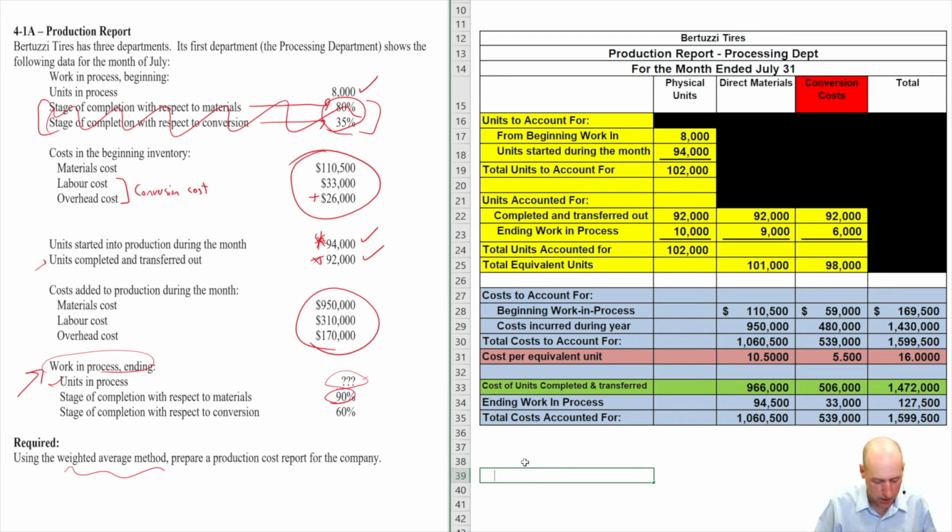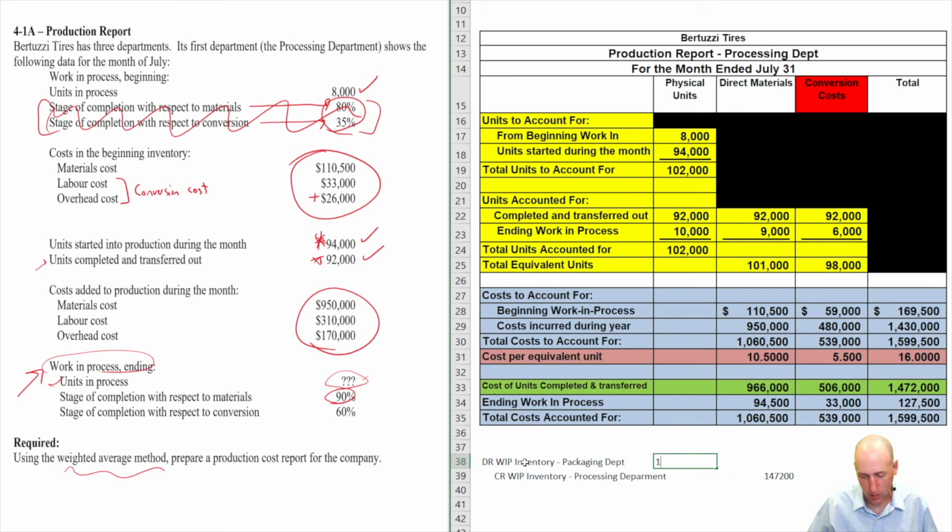So what I would do is I would credit work in process inventory processing department for the dollar amount, 147,200, and I would debit work in process inventory for whatever department it was going into, right? It becomes the WIP for the next department. So let's say it went from processing to packaging. So I debit WIP packaging department.